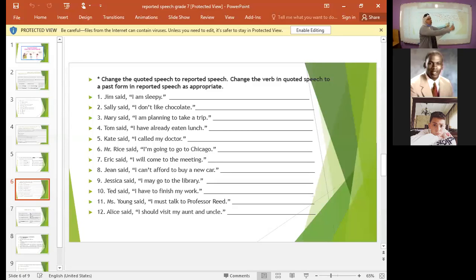That she, we changed "I" into "she." "Called" is past simple. What comes before the past simple? We go one step back. That she had called. What do we change also? My doctor into her doctor, okay? Is it clear so far, honey? Okay, tomorrow we'll continue working with these sentences.